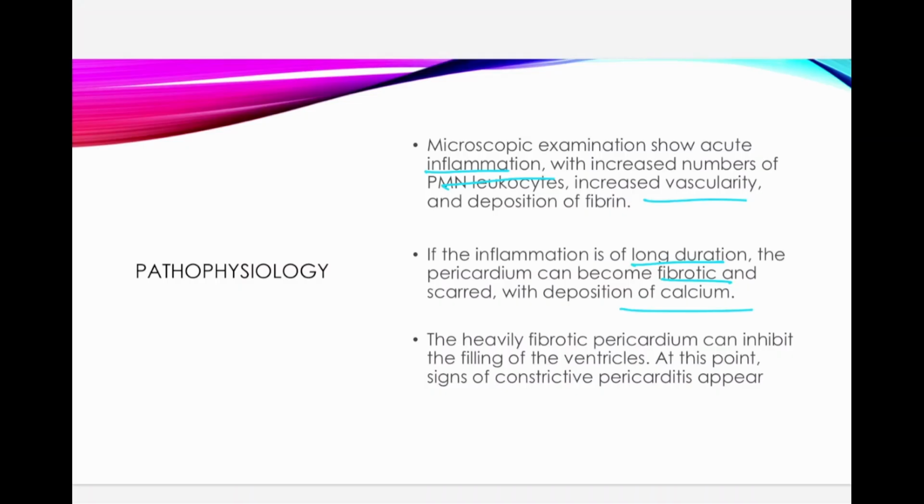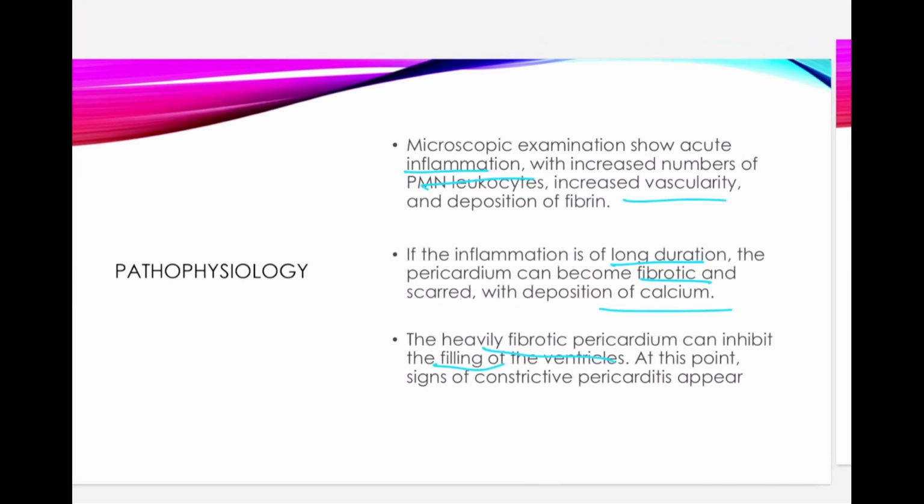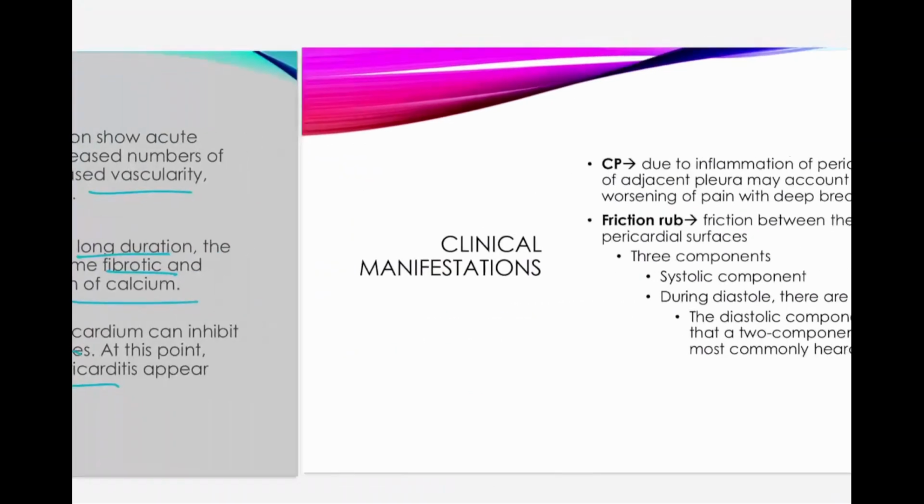It takes time for calcium to do its thing. And obviously, the more fibrotic it is, it alters the filling of the heart. The compliance is altered. Diastole is altered. Remember, diastole, compliance, filling: these are not interchangeable, but they're all related to a filling, diastole issue. So when that happens, you get constrictive pericarditis.